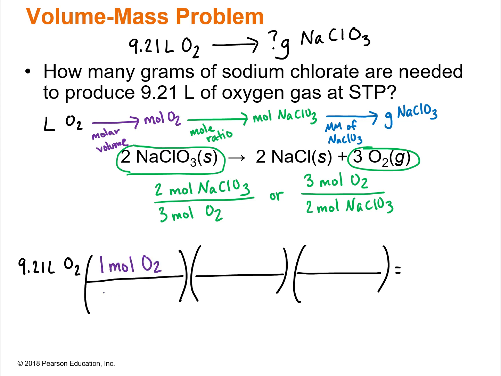So we put moles on the top and liters on the bottom. If it's a volume to mass problem, and you're starting with using the molar volume as a unit factor, 1 mole in the top, 22.4 liters in the bottom.